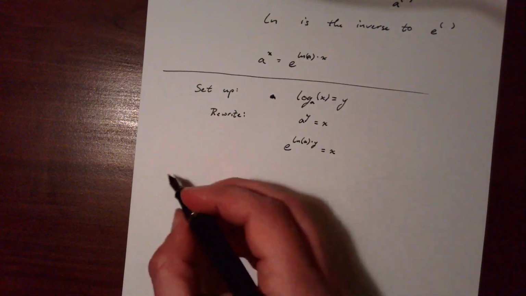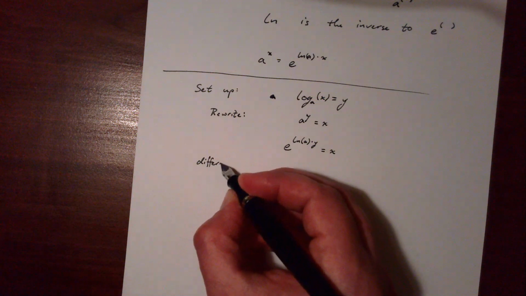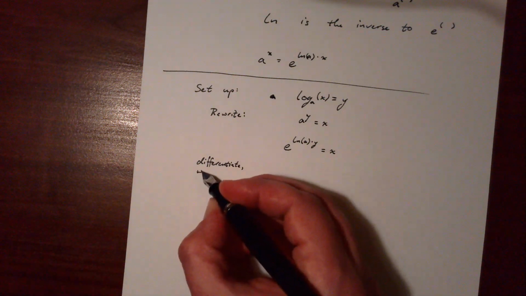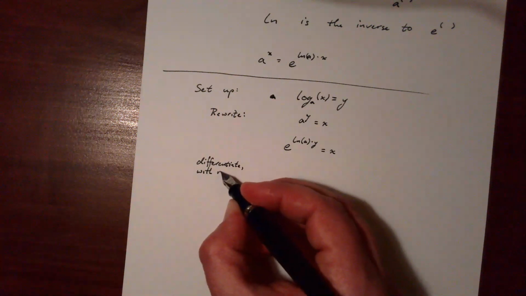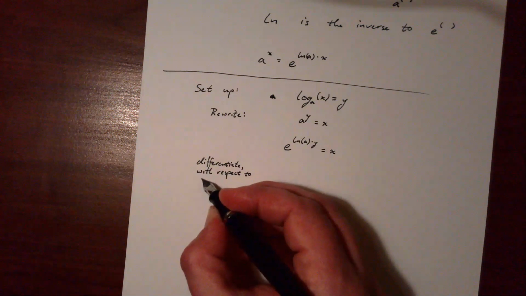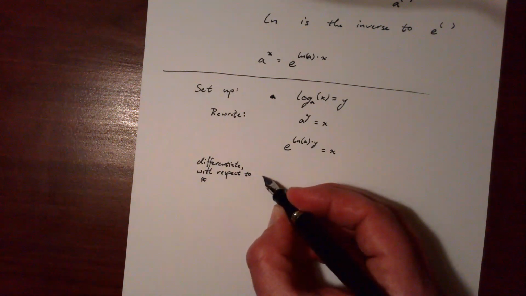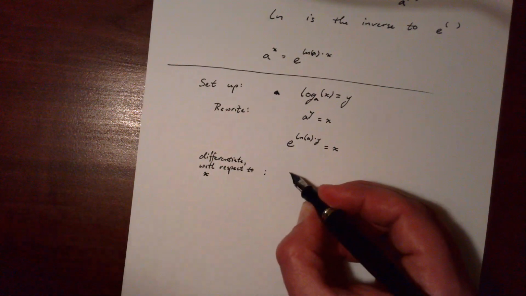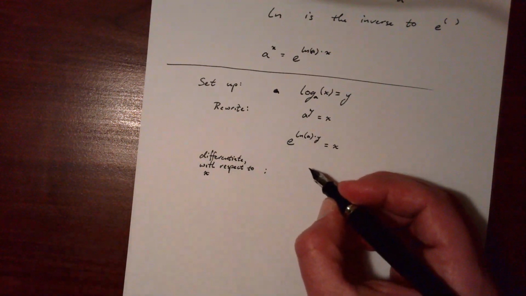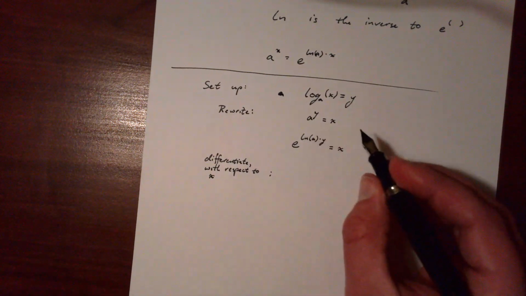And now I can differentiate with respect to x, so implicitly. And so what's that going to give us? Well, natural log of a is just the base, so it's just a constant. So I'll just treat it the same way I'd treat like a 5.